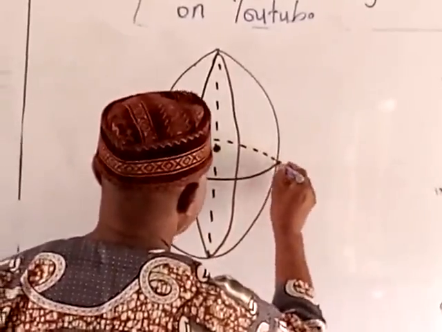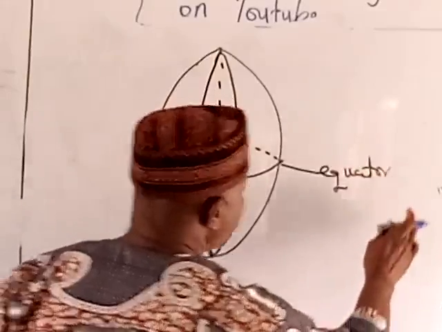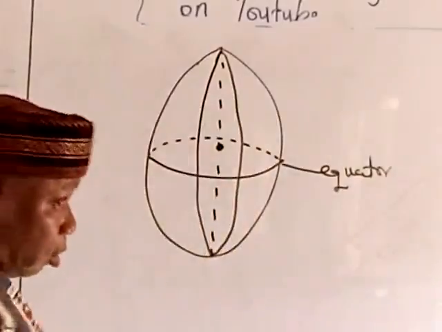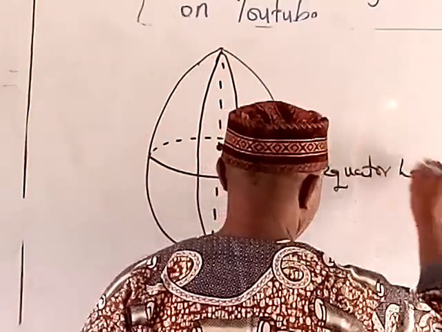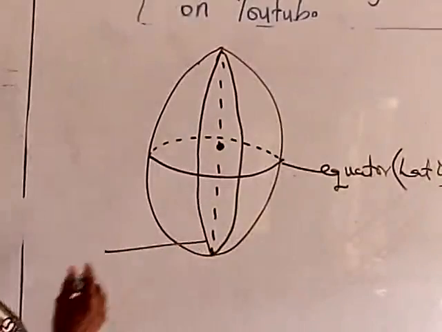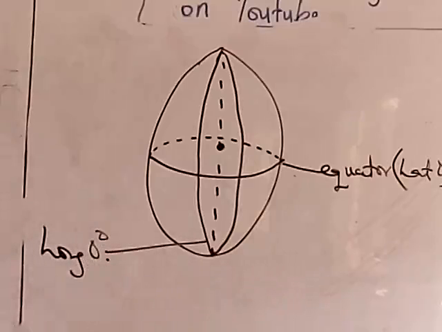Don't forget, I said the equator is a line that is used as a reference for other latitude lines. We call it latitude 0°. While the prime meridian is longitude 0°, it's used as a reference point for others.